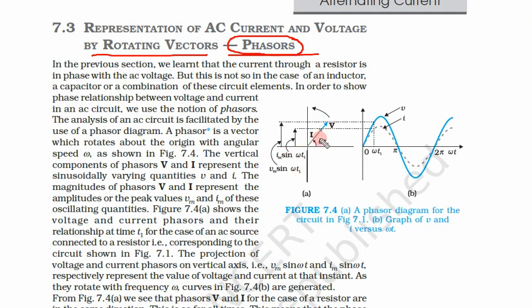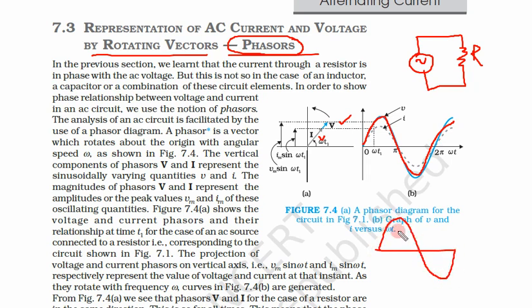Here we see that there are two vectors, one for current, one for voltage, because this is a resistive circuit where only resistance is there. Suppose this is AC current and we have only resistance. We have seen that for a resistor, voltage and current were in phase.